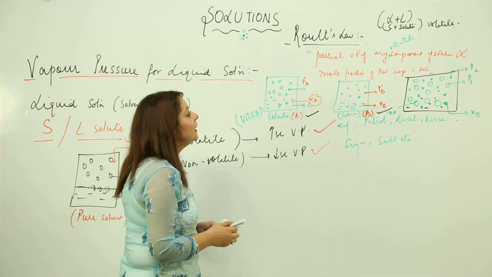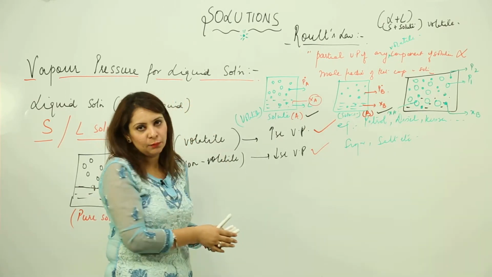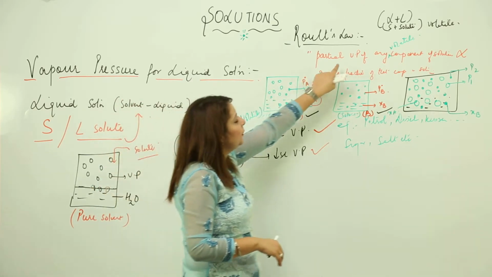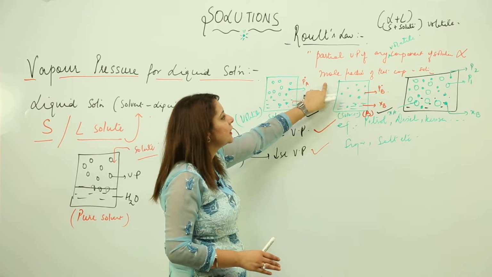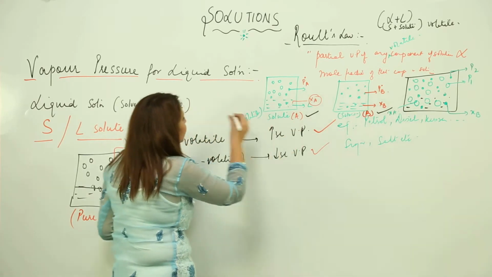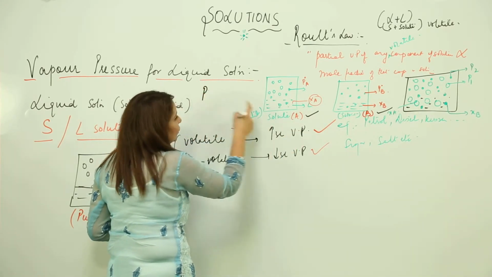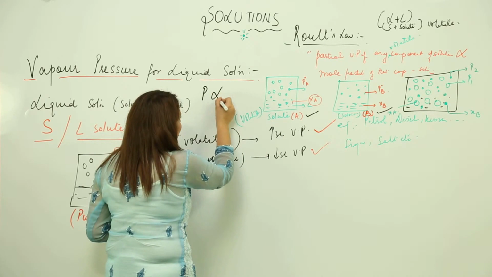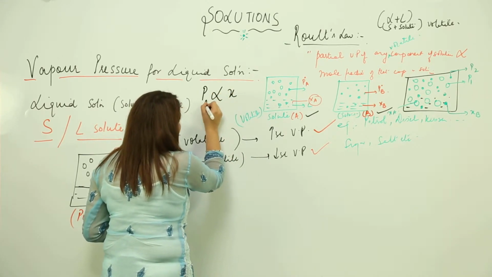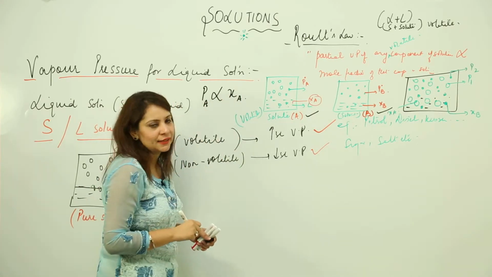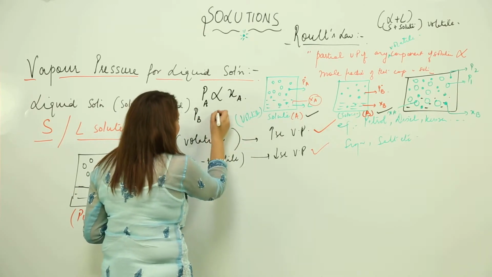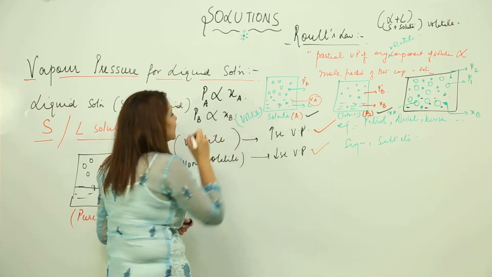It states that the partial vapor pressure of any volatile component, whether solute or solvent, is directly proportional to the mole fraction of that component. So the pressure due to the solute is directly proportional to XA, and likewise the vapor pressure PB in a solution is directly proportional to the mole fraction XB.